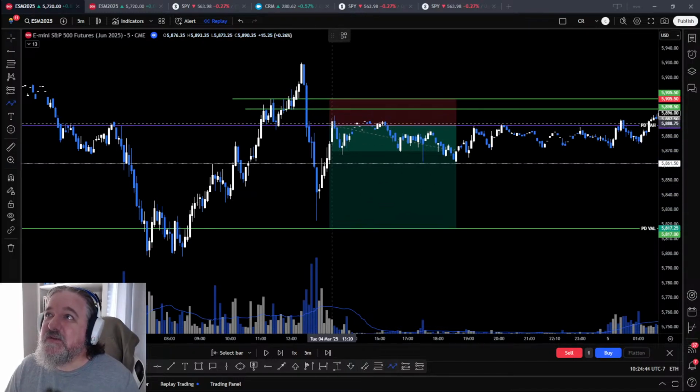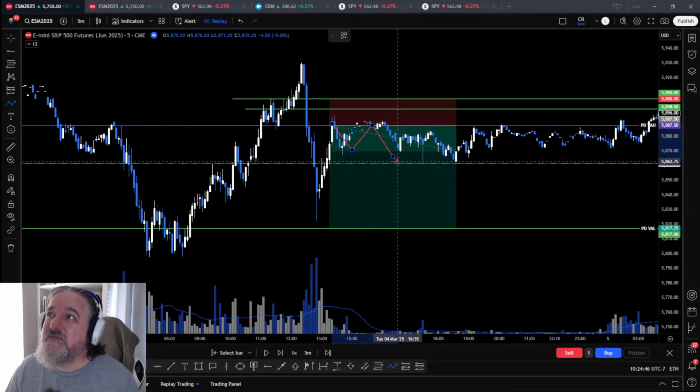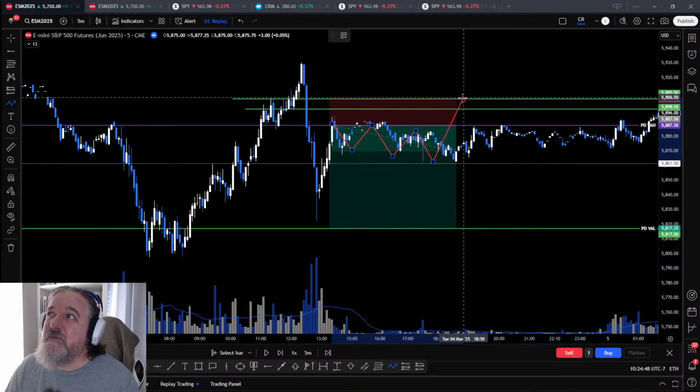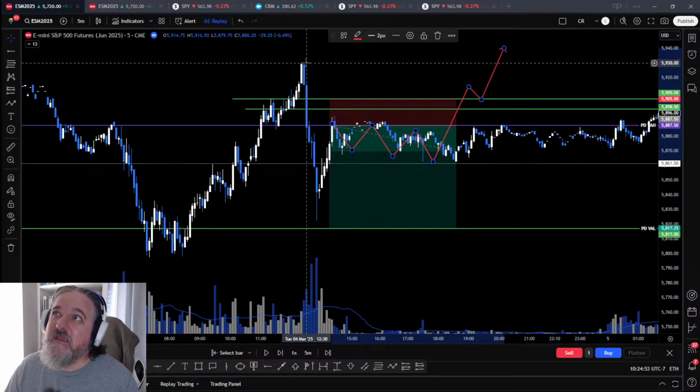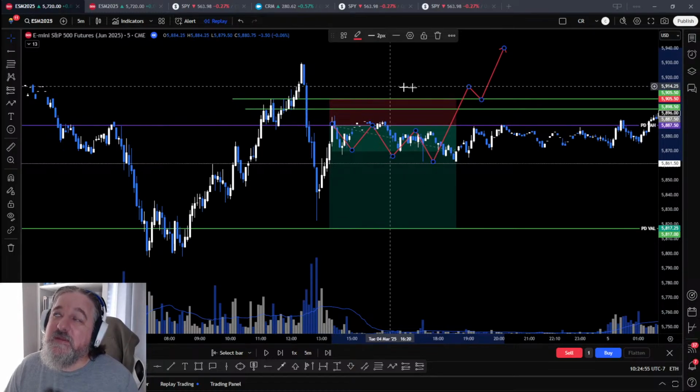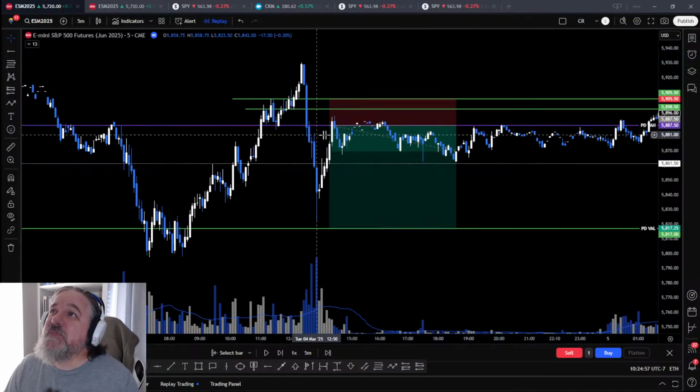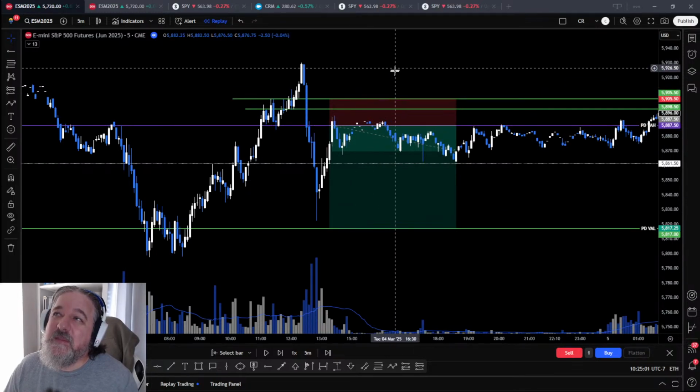If I enter puts here and they do something like this and then come up and break this poor high, what's going to happen? We're going to go way higher, right? We're going to make a new higher high like we did here. So breaking above this poor high basically would invalidate my trade.